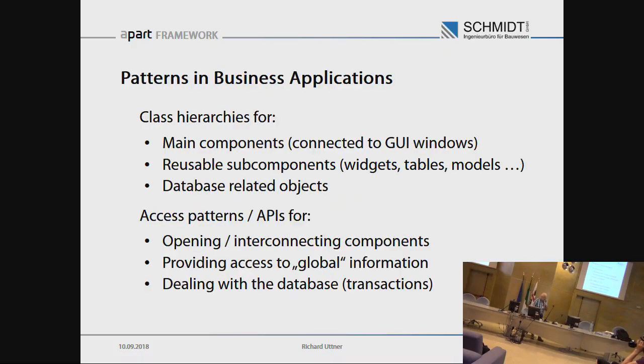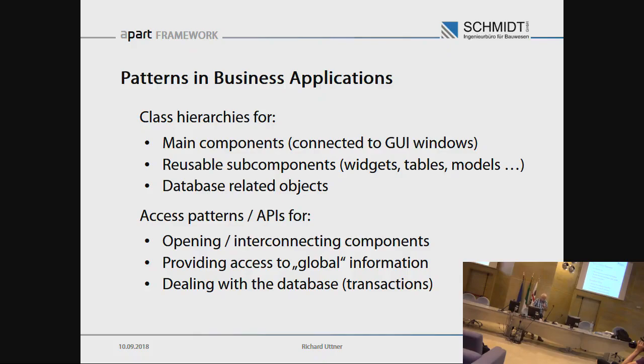When we implement such an application, we normally apply some specific patterns. Typically, we have class hierarchies for main components that are connected to GUI windows. We have reusable sub-components of different kinds, like widgets, tables, models, even abstract models.